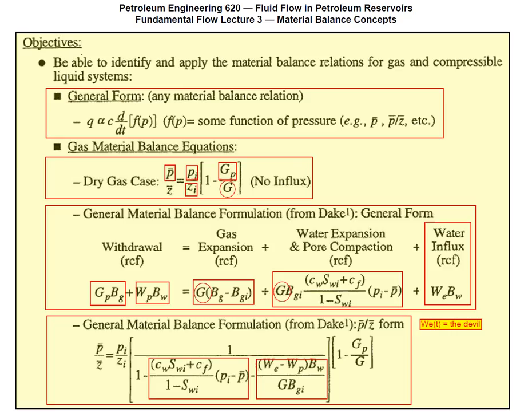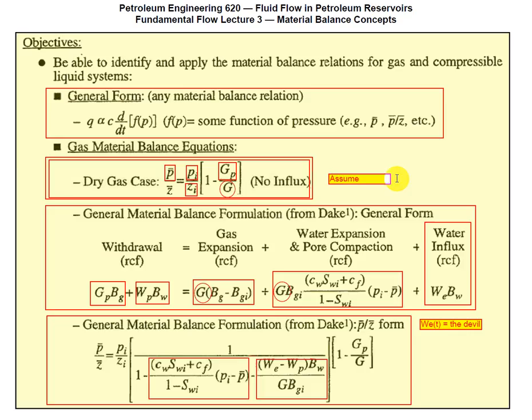Okay, Korean guys, I want to simplify the dry gas material balance case so that I can do something very easy with it. That's this case right here, the no influx case. How do I simplify it to make it really easy? What happens? Okay, very good.